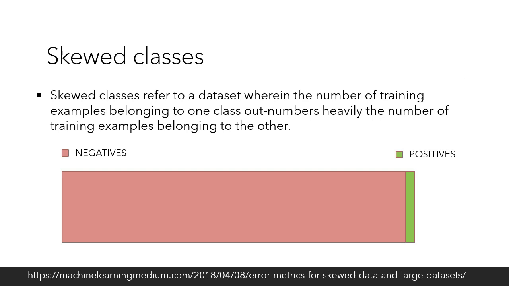A skewed class, and I took this from machinelearningmedium.com, which is actually taken from a course in machine learning. Anyway, what we get in this definition is that skewed classes refer to a data set wherein the number of training examples belonging to one class heavily outnumbers the number of training examples belonging to the other. But we see here that that's for the training set. So they're worried about training sets.